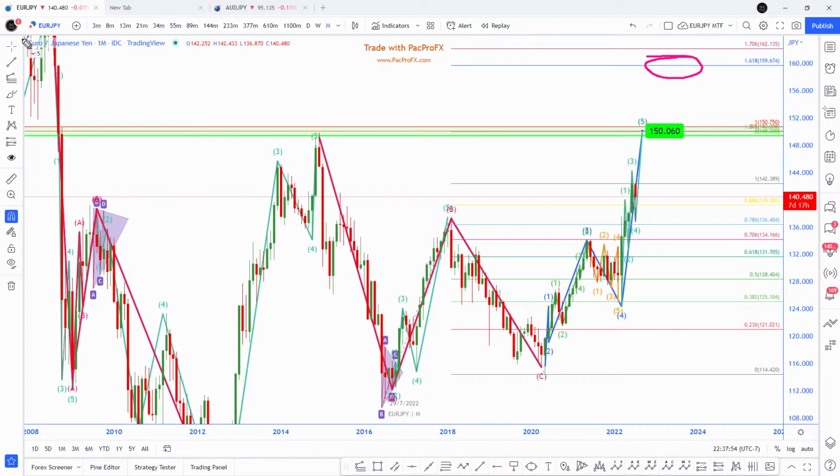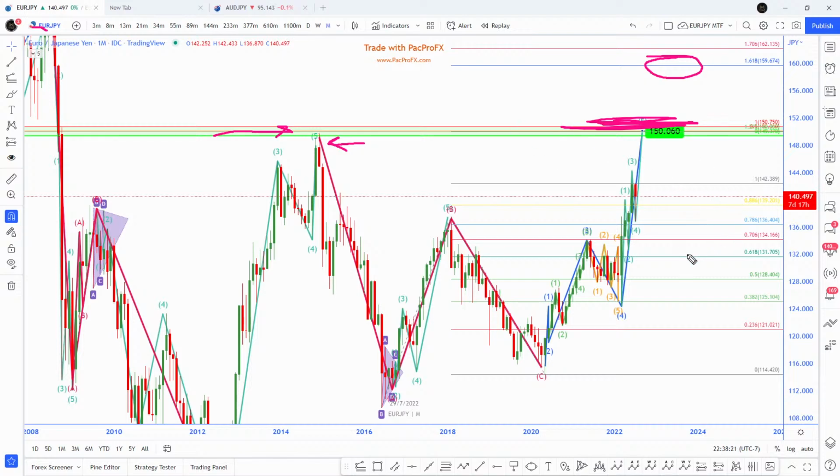But because of all the euro problems and the weakness in the numbers and everything that we've been seeing, it's probably not going to go past this one. This Fibonacci number and this supply area are going to be strong enough to hold this back. It's going to be like a wall, and this impulse is not going to be strong enough to break that wall to come up to here.